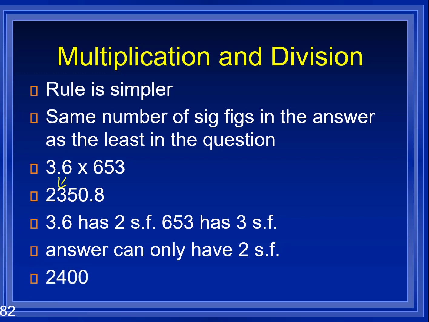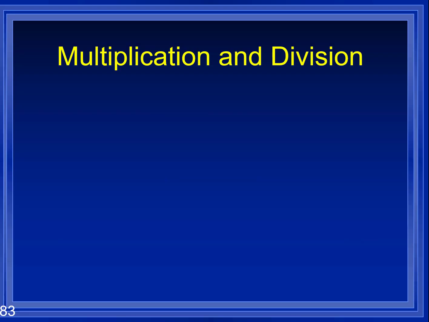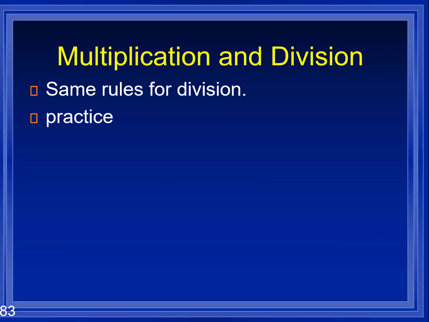Put in my placeholders. I get 2,400. Doesn't get any easier. No lining up, just counting and then rounding. Count, count, round. And the same rules for division. Whichever one has the smallest number, that's what you use.